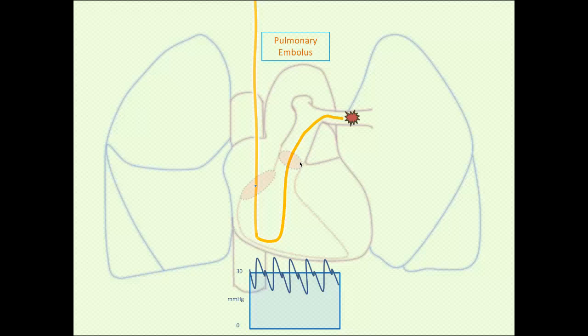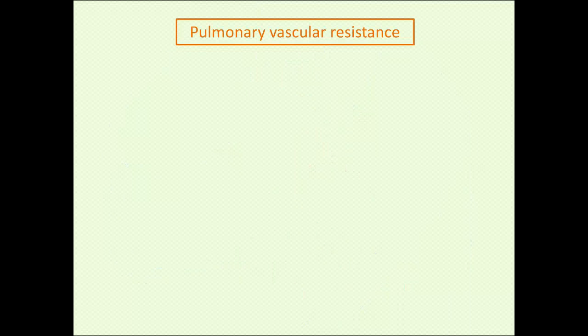This actually could be instantly fatal because the RV can no longer handle this strain, and the wall strain on the RV goes up abruptly and can result very quickly in coronary ischemia, right ventricular pressure overload, collapse of the left ventricular cavity by diastolic ventricular interdependence, and frankly cardiogenic shock.